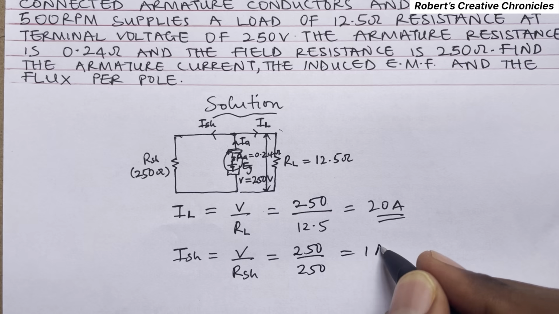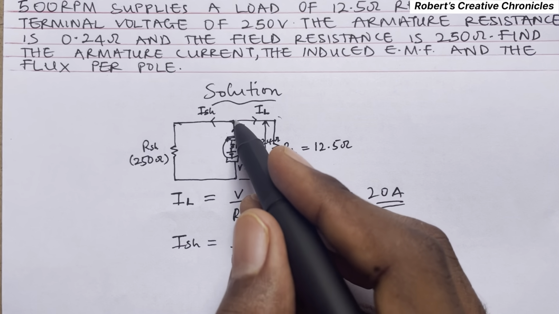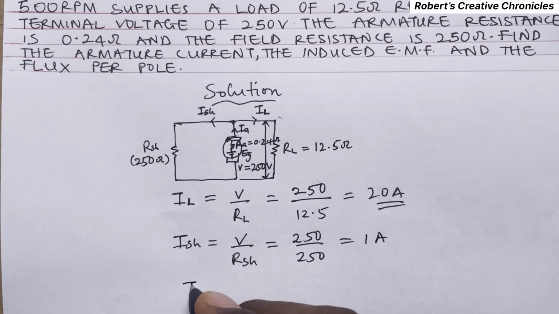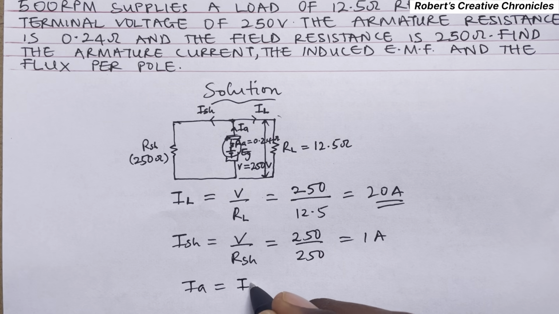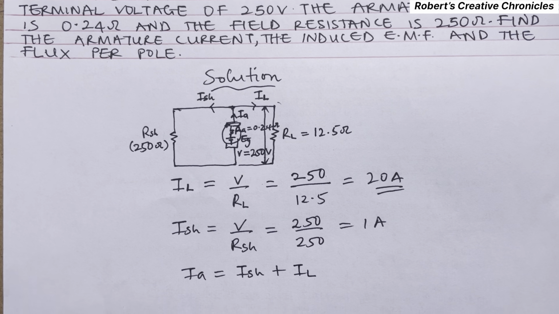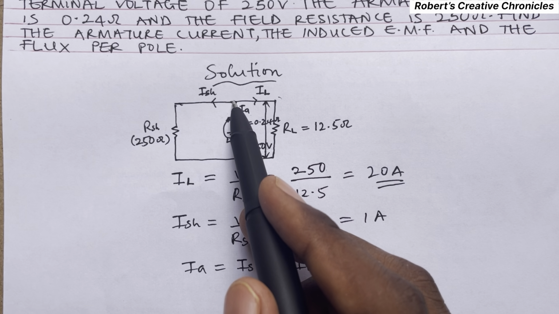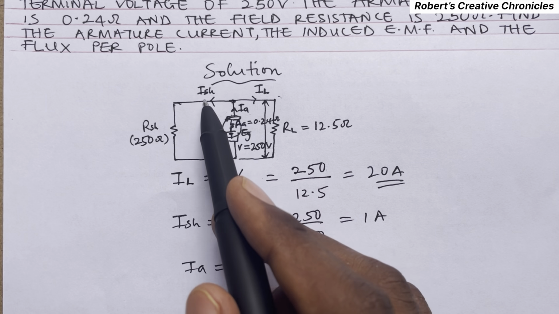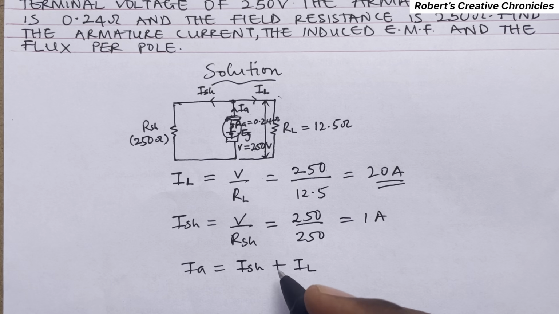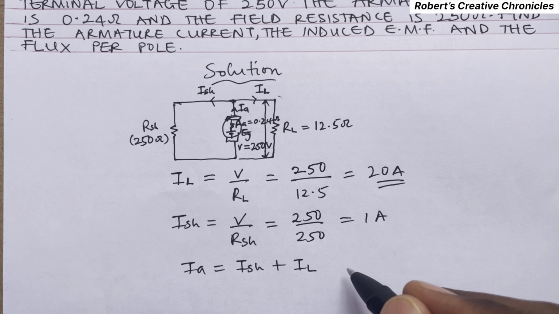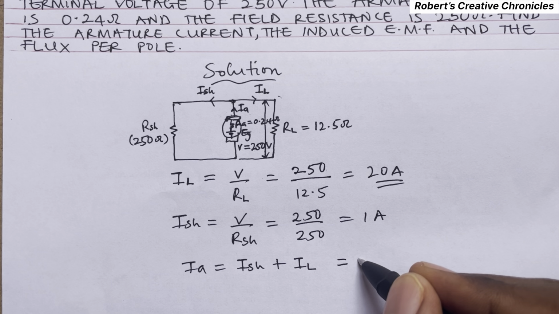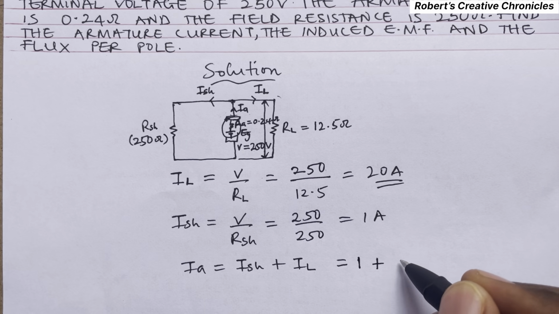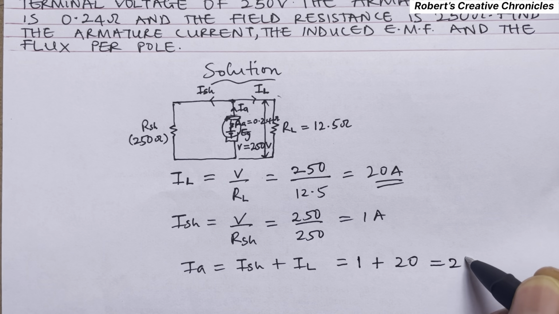This is 1 ampere. Now if we apply KCL at this point, we know that IA is equal to ISH plus IL, because when IA arrives at this point it divides into two. So IA equals ISH, 1, plus IL, 20, which is 21 ampere.